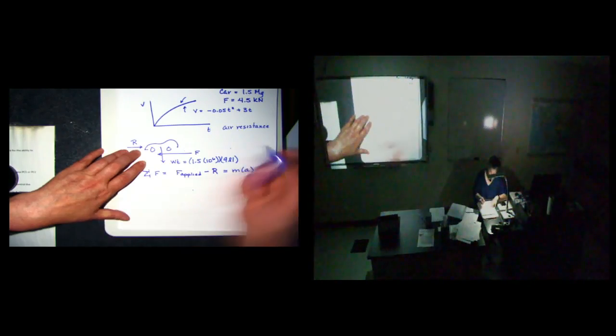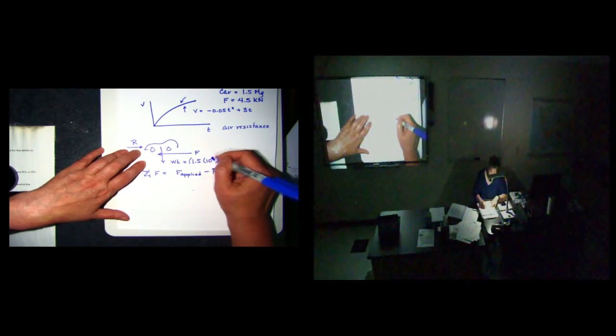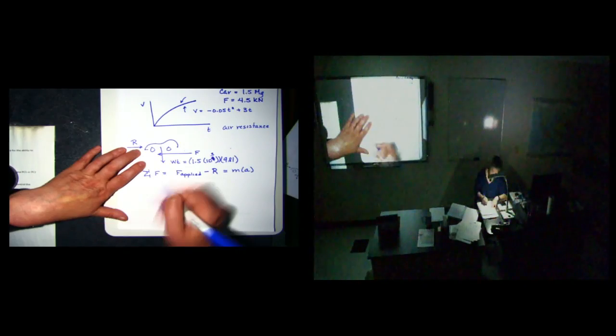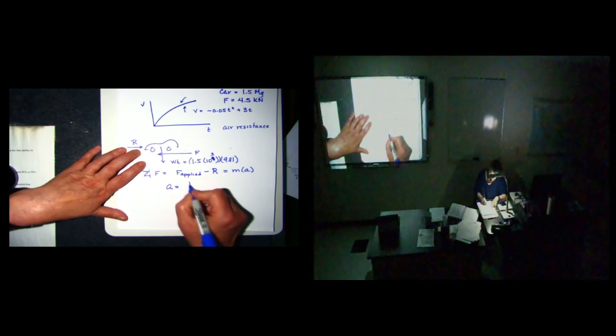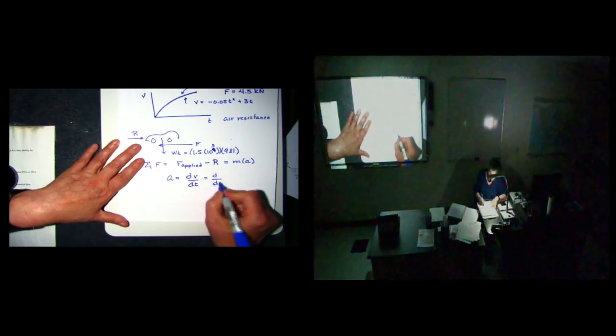This is 4,500. Solving for R, if you do it as negative R, you get negative 150t plus 4,500 minus 4,500. So that ends up, you get R is equal to 150t.